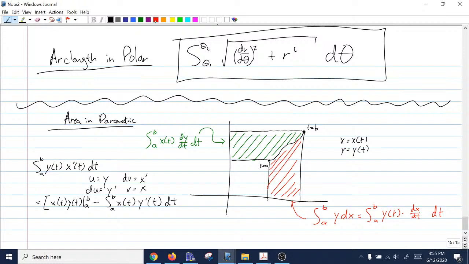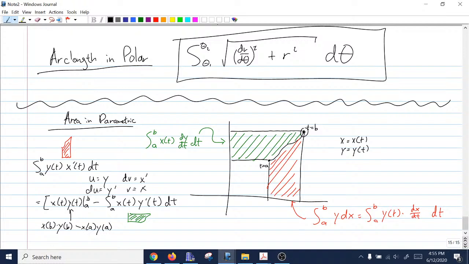Well, the left-hand side here is the red region. And this thing I just said is the green region. What is this? This is x times y evaluated from a to b. That'll be x of b times y of b minus x of a times y of a. x of b was the x-coordinate of this point. y of b is the y-coordinate of this point.